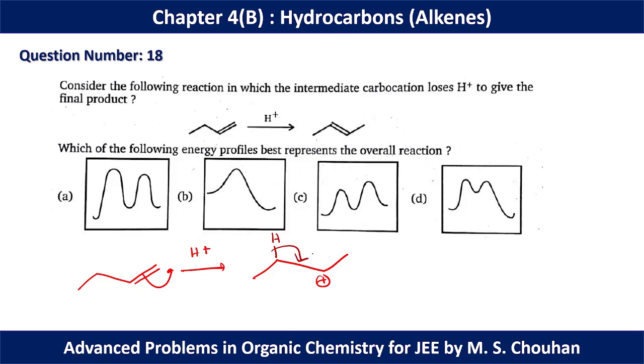Again this CH bond will be broken. The situation is like this. Okay, so in this case we have one intermediate, and it is a two-step process. So a two-step process is involved in option A, option B, option C, and option D.